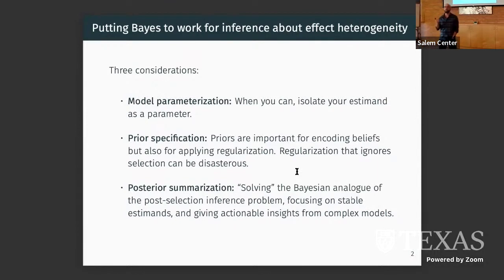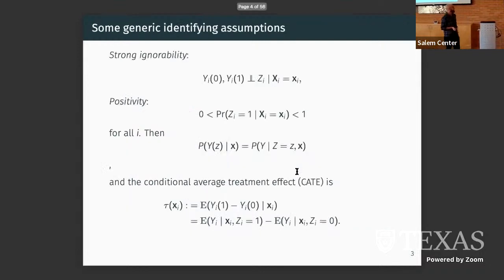Okay, so what happens when we use the data to select a model or a summary and then try to make inference using the same data? It's going to help us focus on stable estimates, and it's going to help us get actionable insights for potentially complicated models.